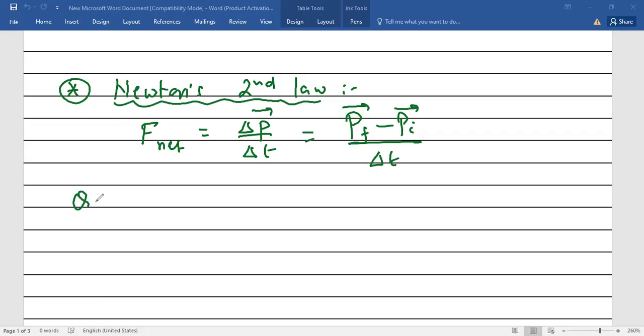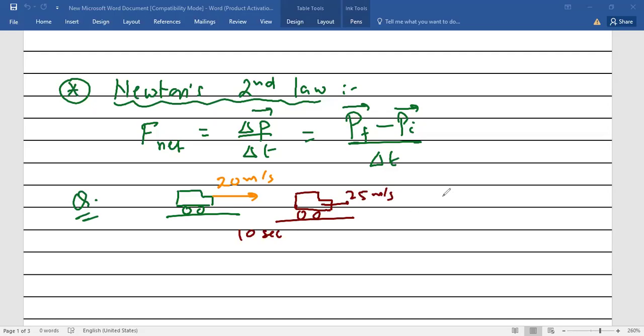For example, if the question says that there is a car and this car moves in a straight line with some speed, let's say it is moving with 20 meter per second, and within 10 seconds this car's speed becomes 25 meter per second.